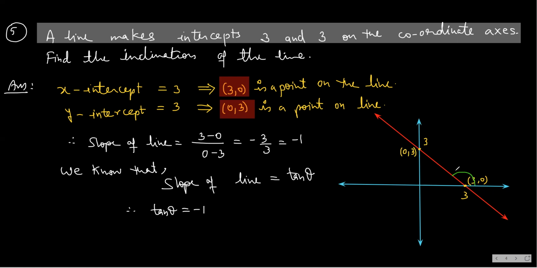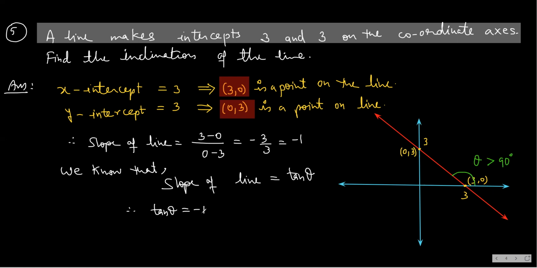You know the definition of inclination: it is the smallest angle made by the line with the positive direction of the x-axis. This theta is greater than 90 degrees. So now, how do I find this tan of theta?